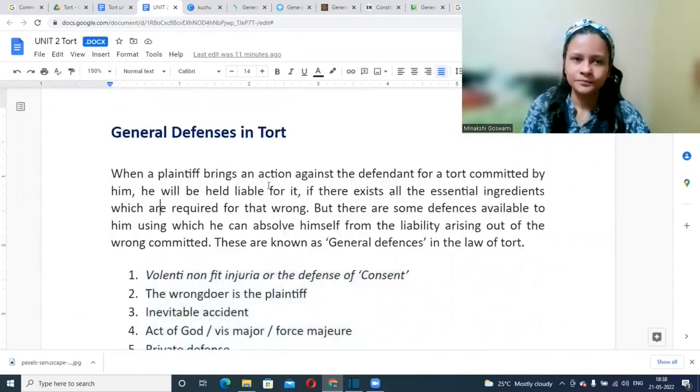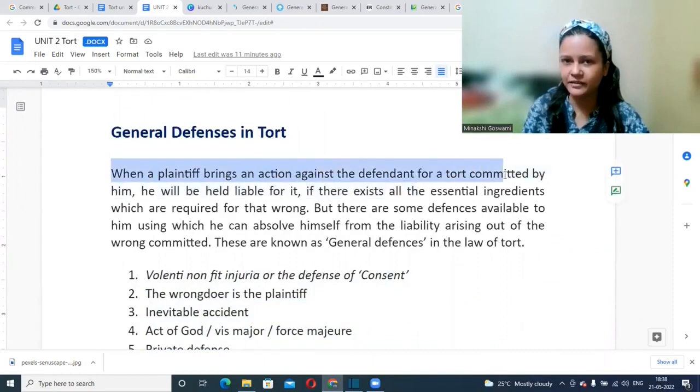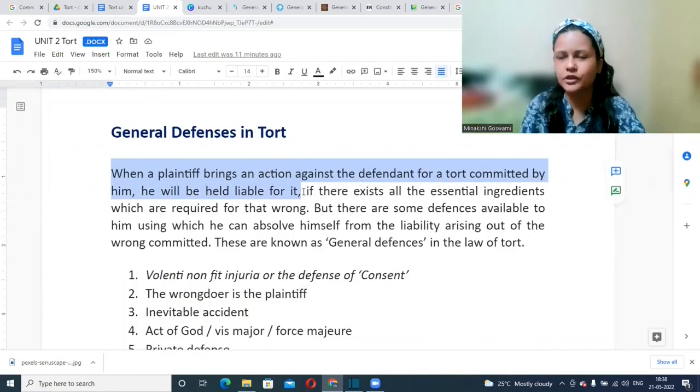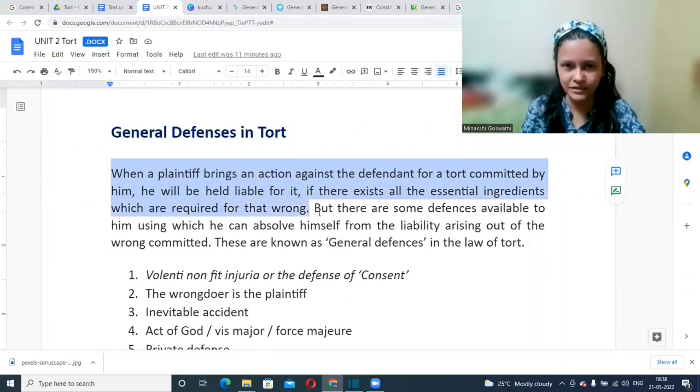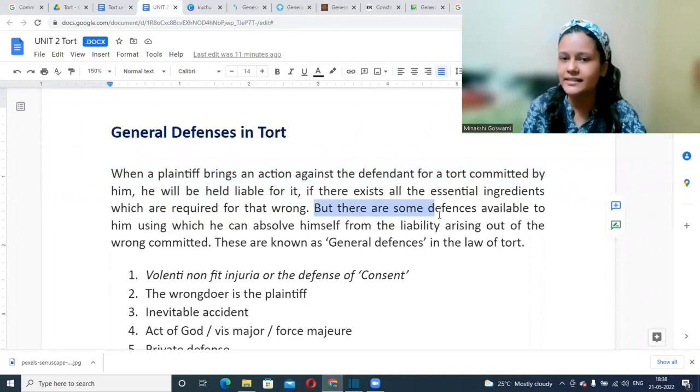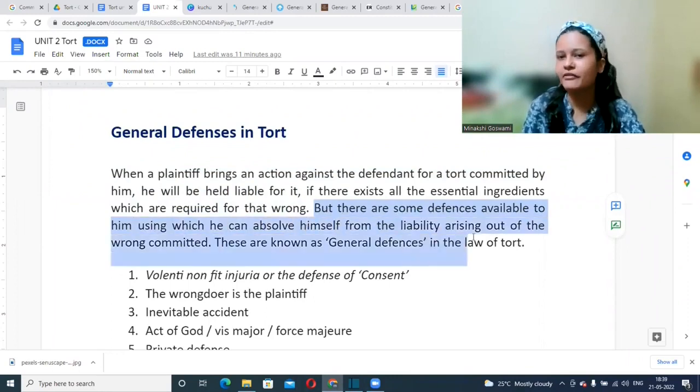When a plaintiff brings an action against the defendant for a tort committed by him, he will be liable for it. That's the general rule. If you can prove the 3 essential ingredients required for the wrong are present, the person will be liable. But there are some defenses available to the defendant, using which he can absolve himself from the liability.